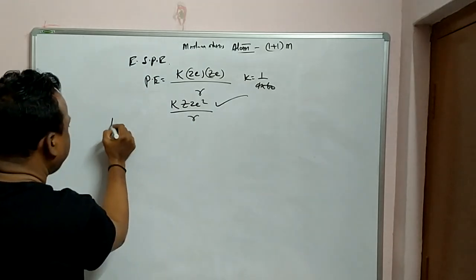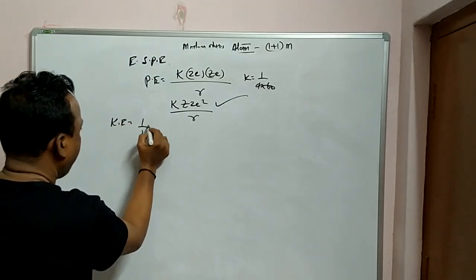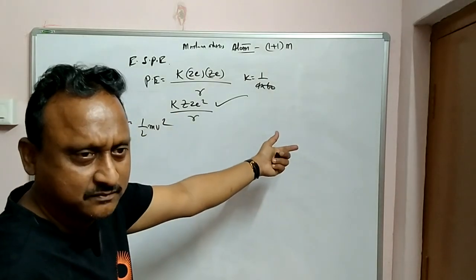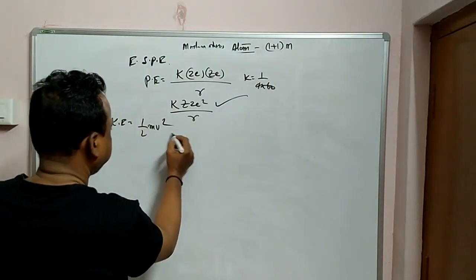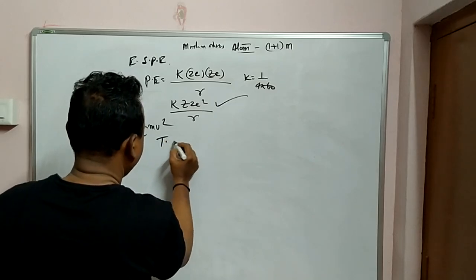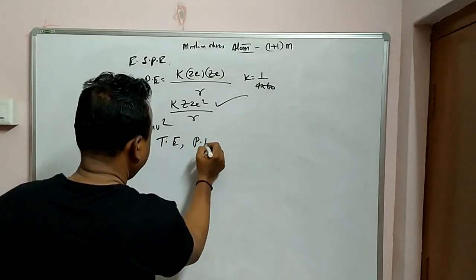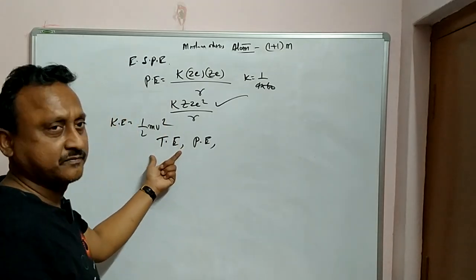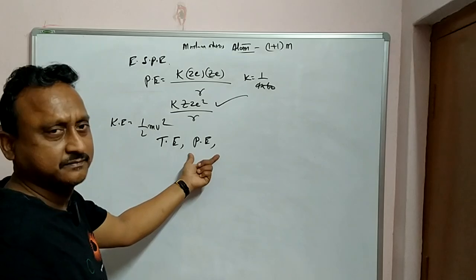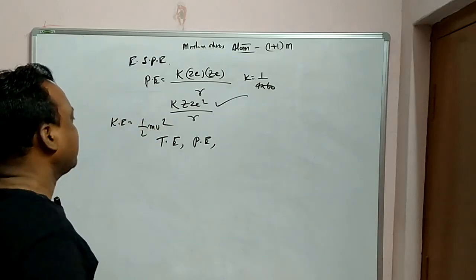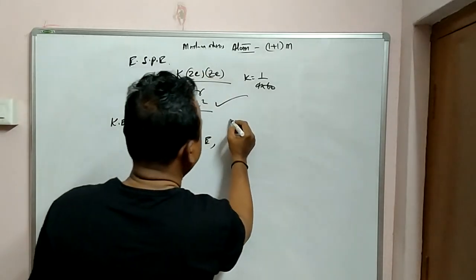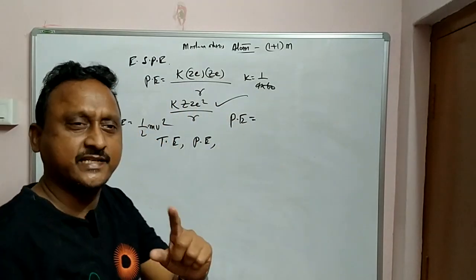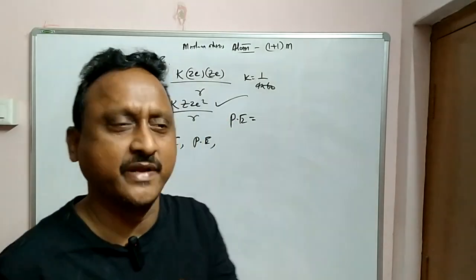And you also know the kinetic energy formula, half mv square, and already you know the V value. When you substitute all these values, we are finding the total energy, potential energy and of course kinetic energy. As I told you, potential energy can be negative, but kinetic energy cannot be negative.